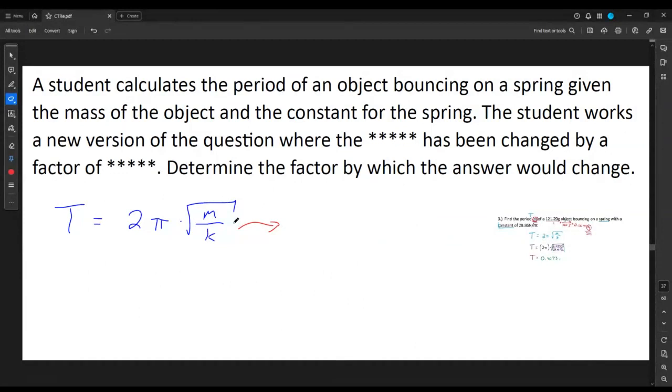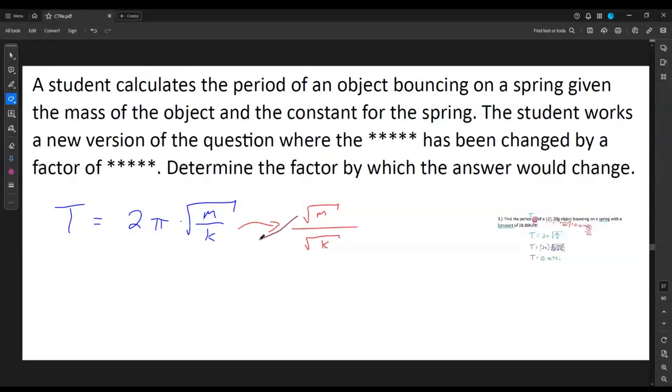If we were to set this as a ratio of the new period to the old period, like we're eventually trying to get to with determining the factor of how the answer changes, 2 pi technically goes in a ratio with itself and cancels. And I can divide this fraction up because there's no addition or subtraction or anything strange going on here, so I can say that this is the square root of m over the square root of k. And that's going to be a little bit easier for splitting these up and seeing how they act independently of each other.